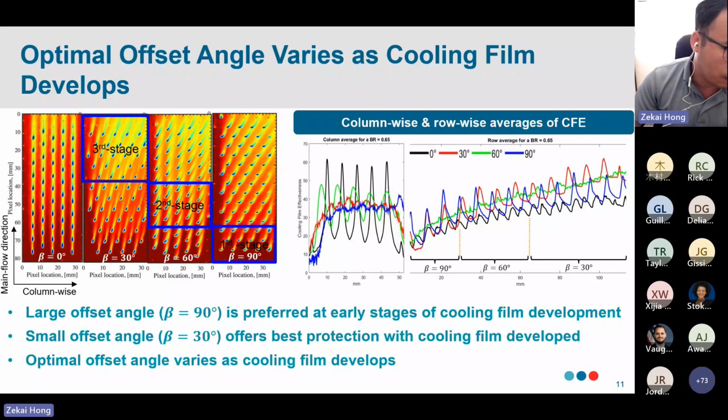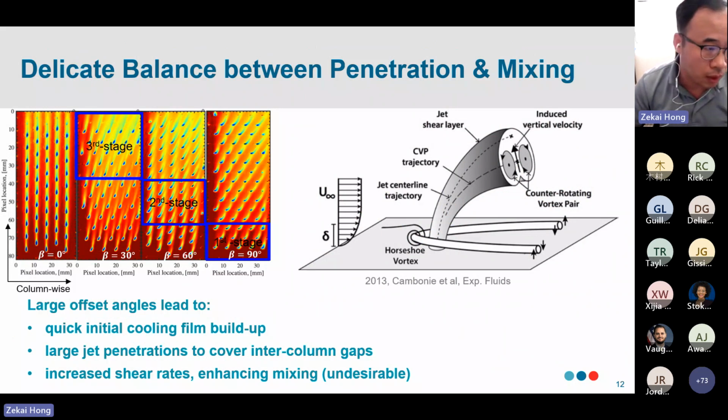Towards the downstream, when the cooling film is fully developed, we can reduce the compound angle to about 30 degrees. Our understanding is that the cooling film effectiveness is a delicate balance between how deep the cooling jet can penetrate versus how much it mixes with the main flow.